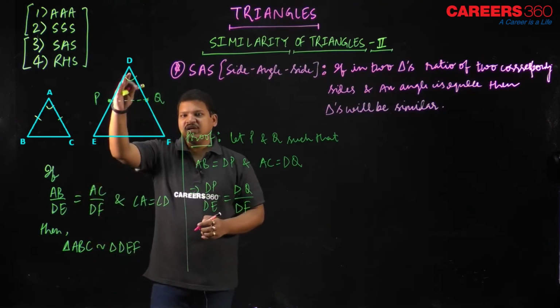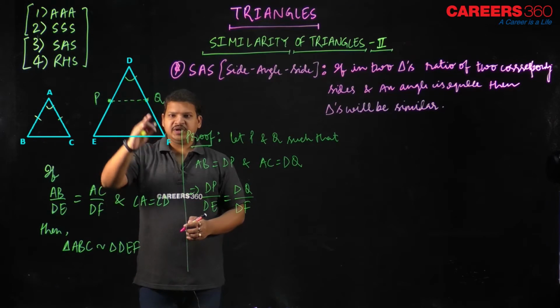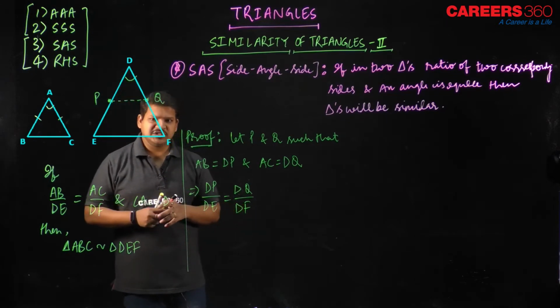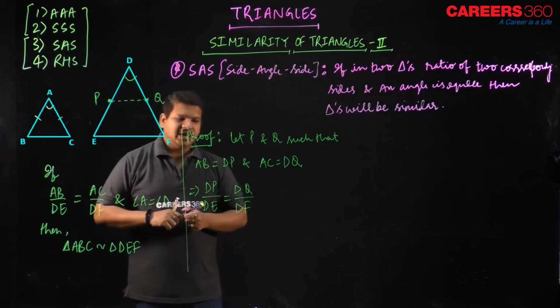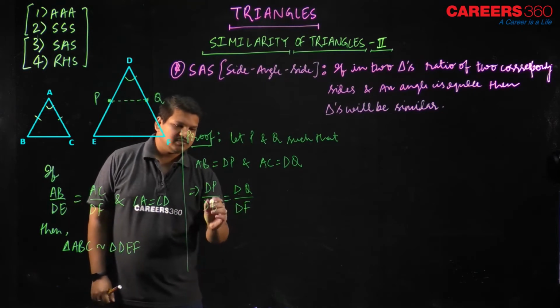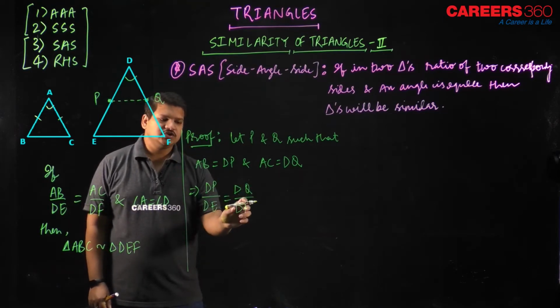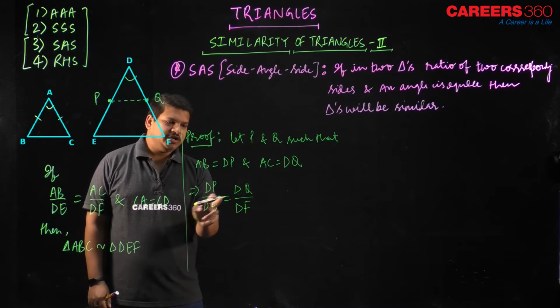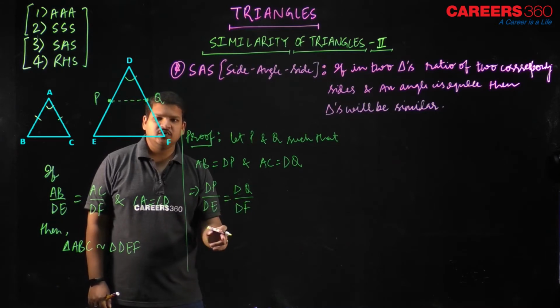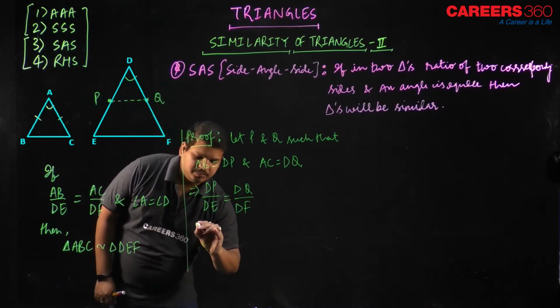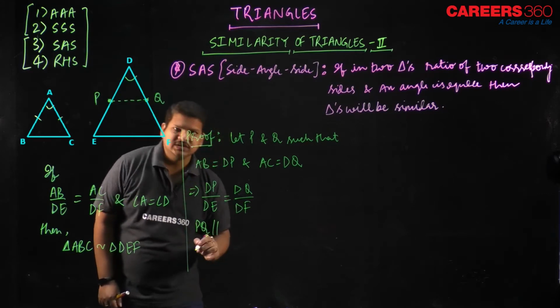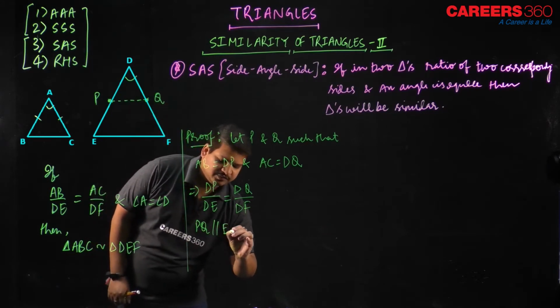If this is true, then in triangle DEF, since DP upon DE is equal to DQ upon DF, PQ is parallel to EF.